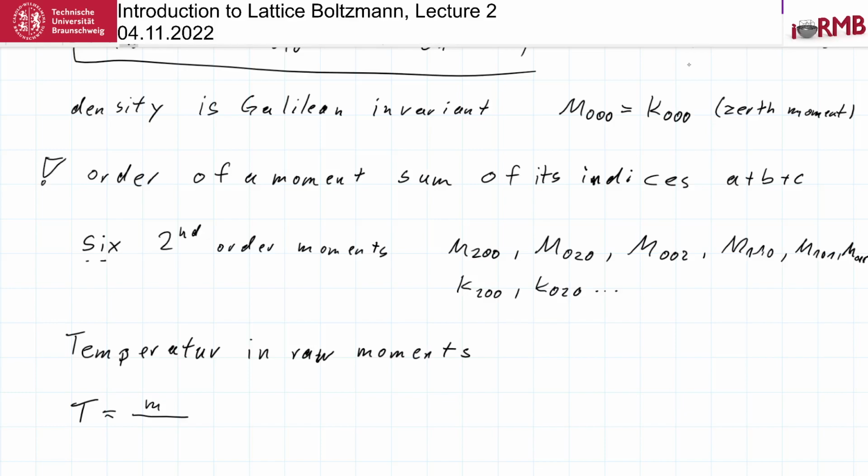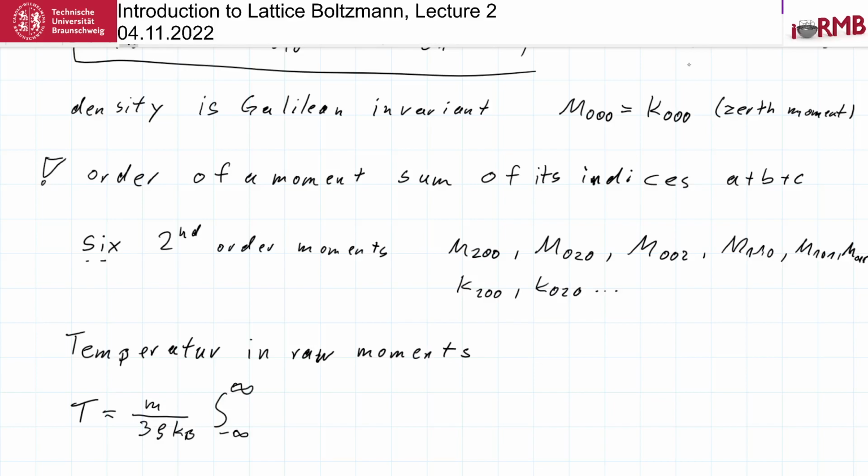So I take out m, the mass of one particle, divided by 3 rho, where rho is the particle number density, so it's particles per cubic meter, and this times the Boltzmann constant. But don't be too confused about these units. It's more or less the basic idea behind this.